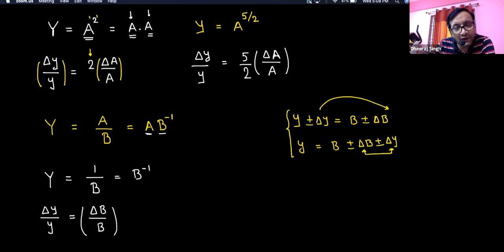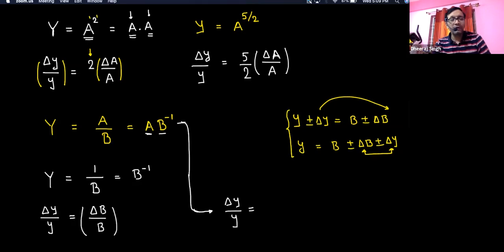So in this case, what is delta y by y? Delta y by y, what will it be equal to? A by b. Ansh got it.